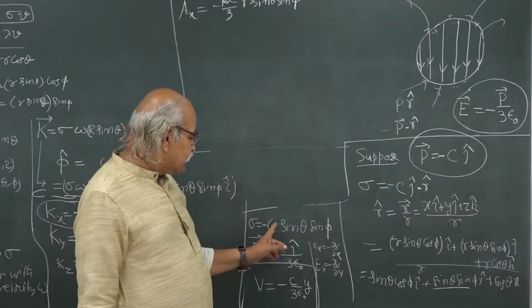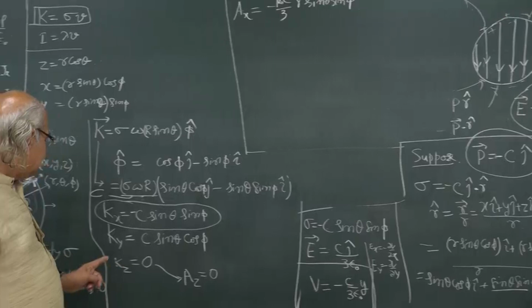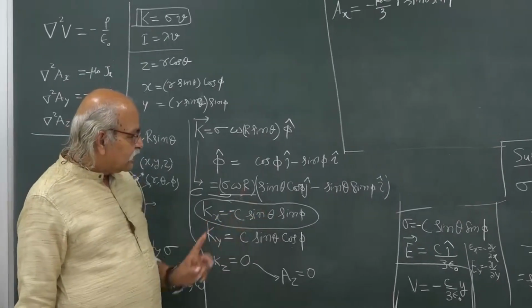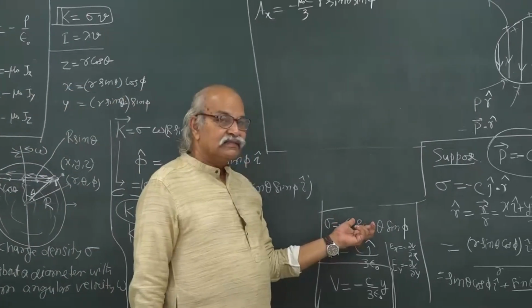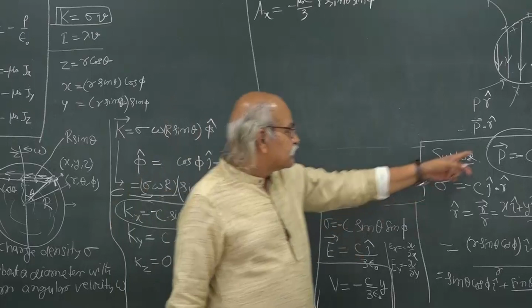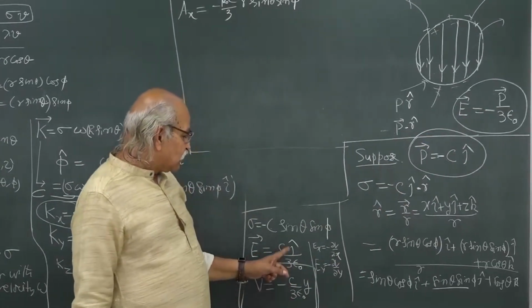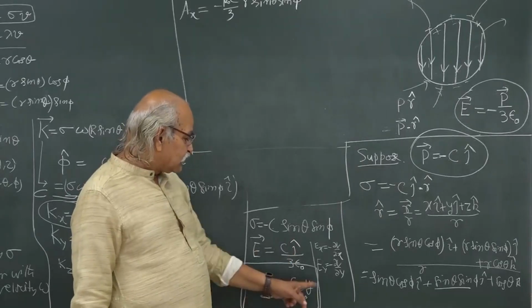Now, this charge density has the same expression as here, minus c sin theta sin phi, and therefore, if this is the charge density, then the electric field is given by this expression. Using this, we got the electric field which was a constant in the y direction, and therefore the potential was this.